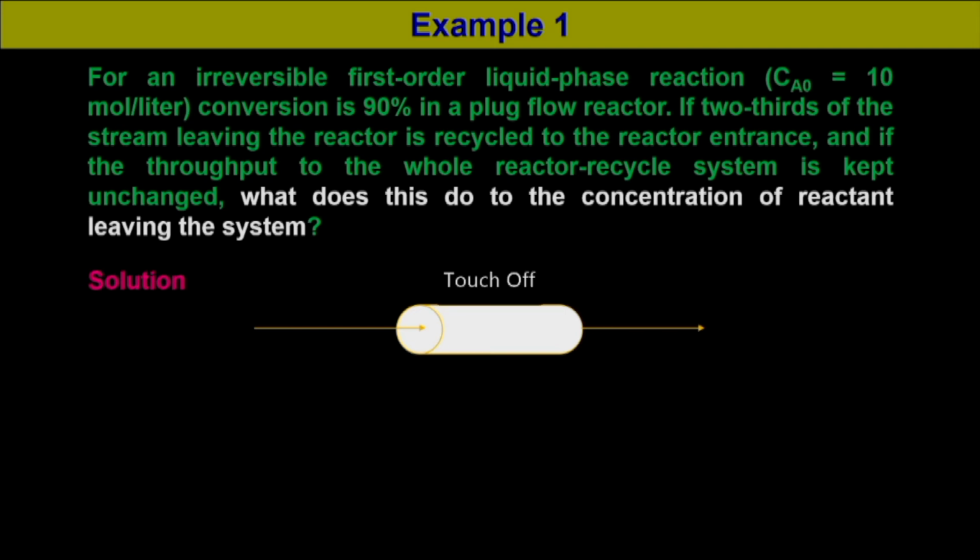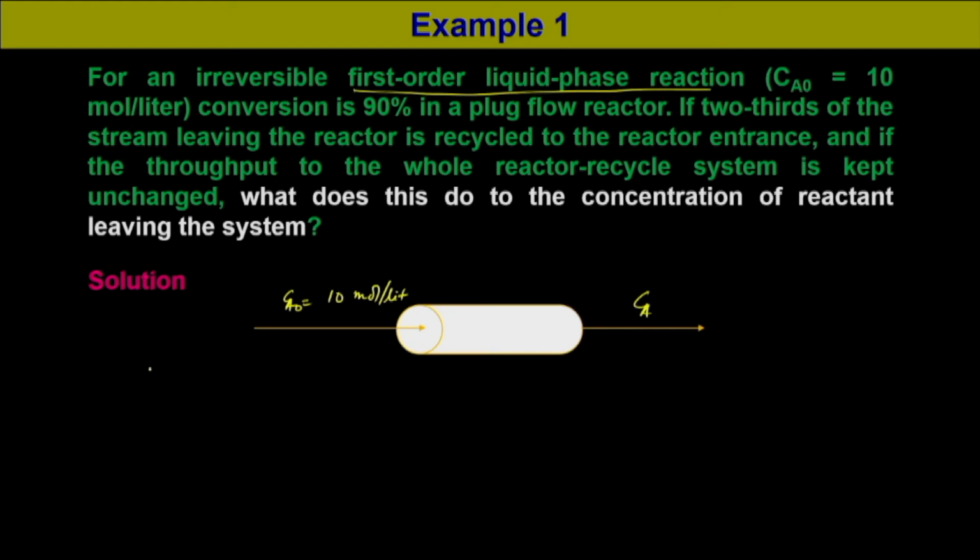Say initially we had CA0 equal to 10 mole per liter, and the exit is say CA. Now, as it is said, this is for a first order irreversible liquid phase reaction.